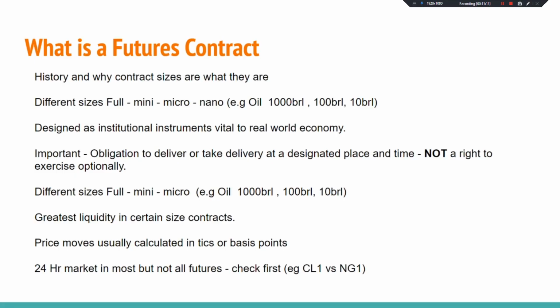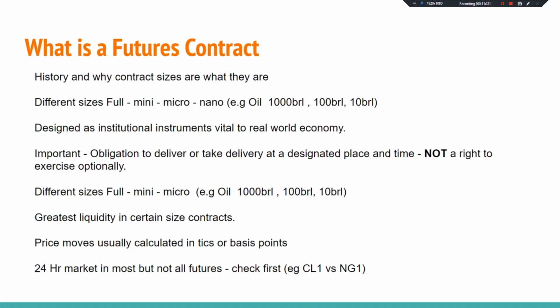So, if you buy copper, 1,000 bricks of copper or whatever, then when you take that contract on, your obligation is to deliver it or to take delivery of it. It's not like options where you can choose to exercise them or not.